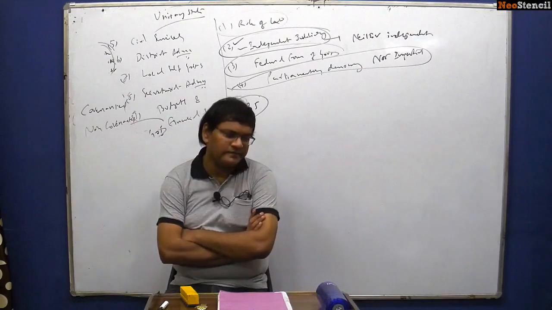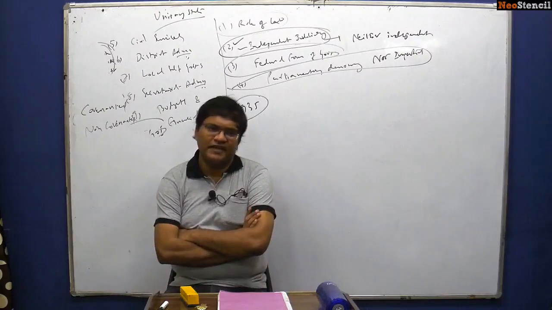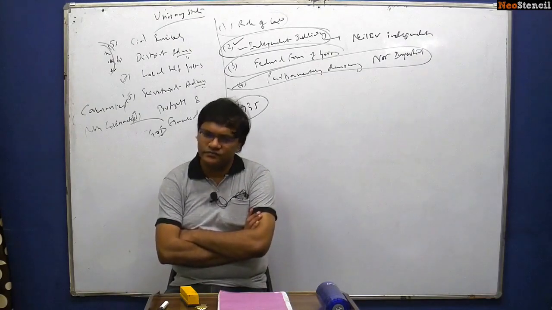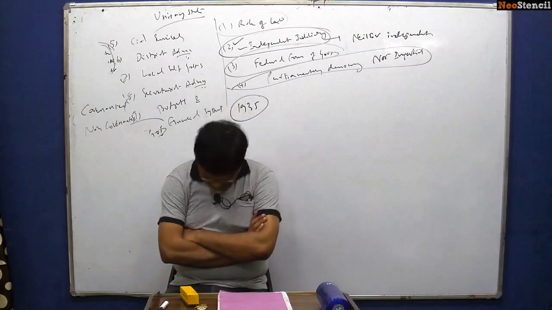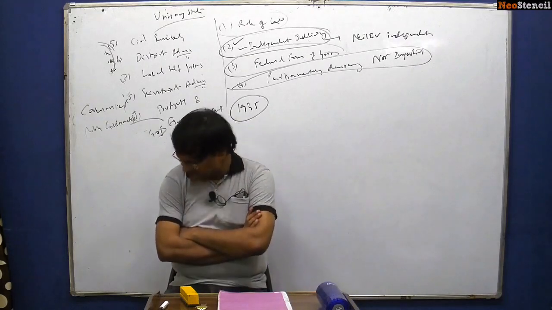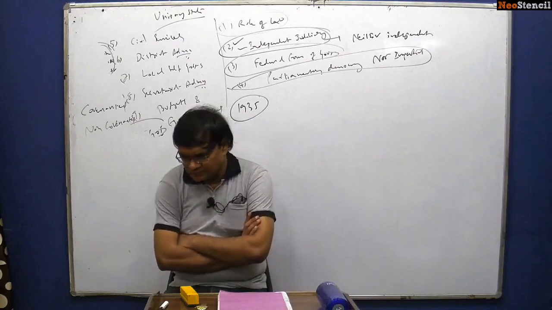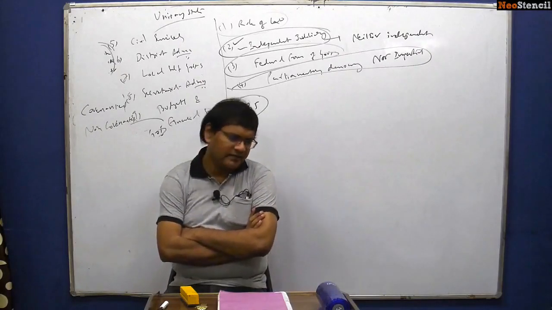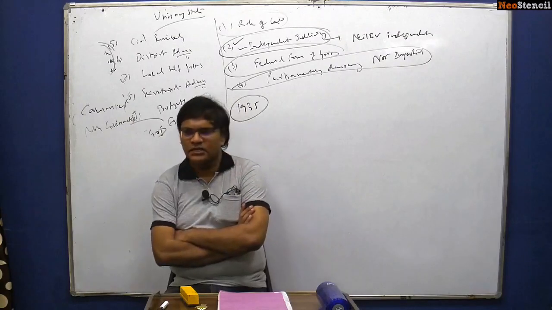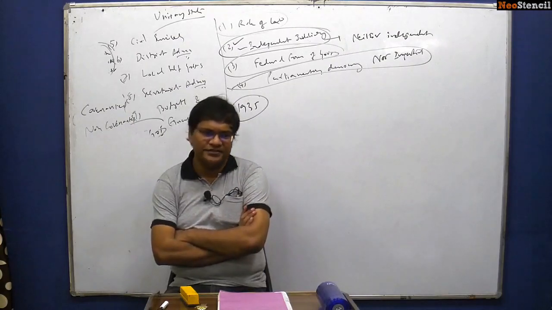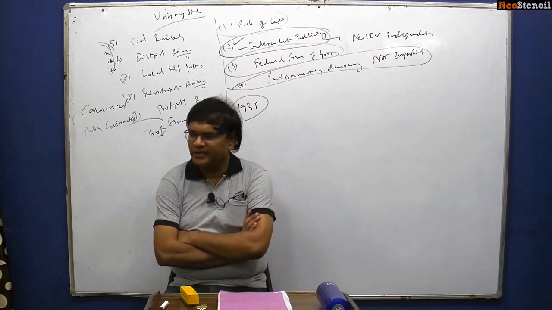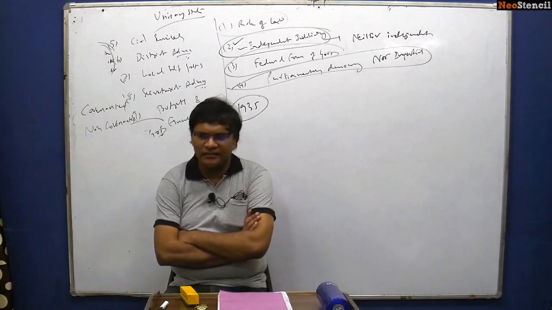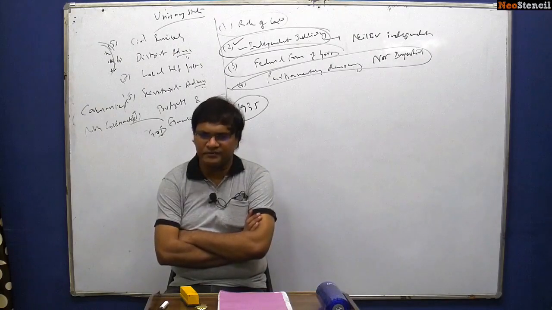Covenanted civil services means there was an agreement between the employer and the employee. The employer here is East India Company and the employees are the civil servants. What did you call them at that point of time? Company servants, civil servants.